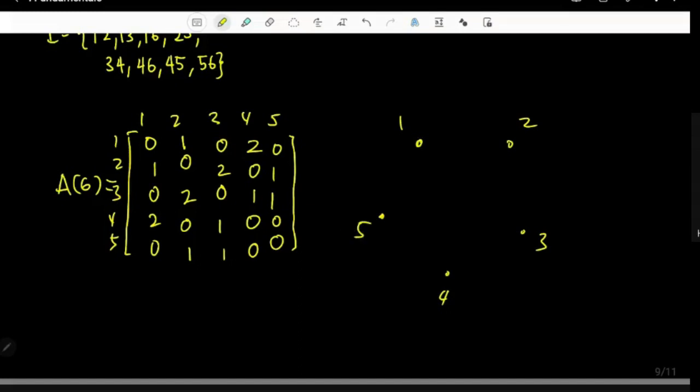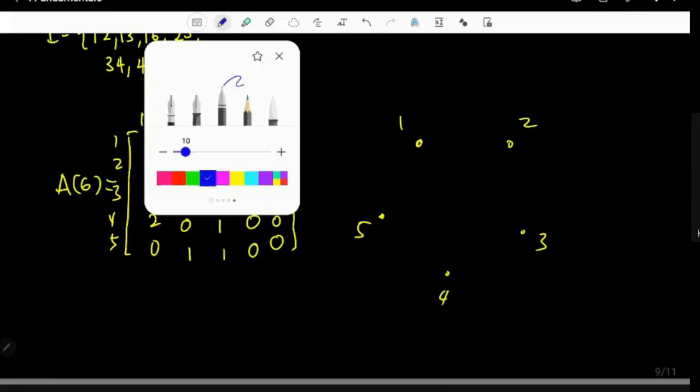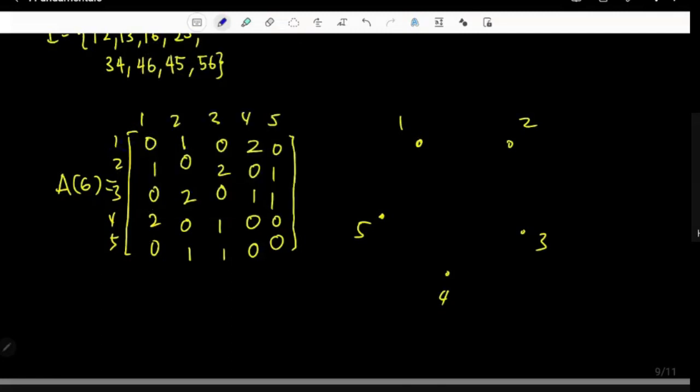So, according to our adjacency matrix, vertex 1 is connected to vertex 2 and 4. Between 1 and 2, there's one connection. Between 1 and 4, there are two connections. So, okay, so let's do that. 1 for 1 connection, right? 2 for 2 connections. So, let's say this is your one connection and your other connection.